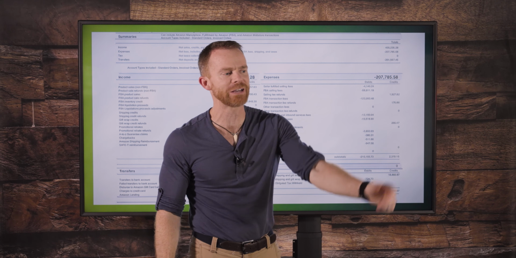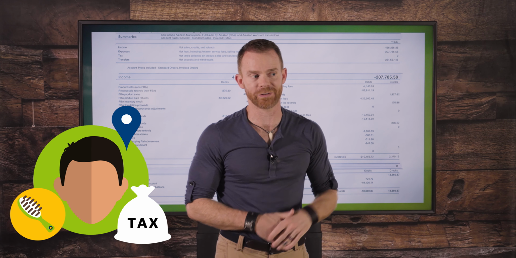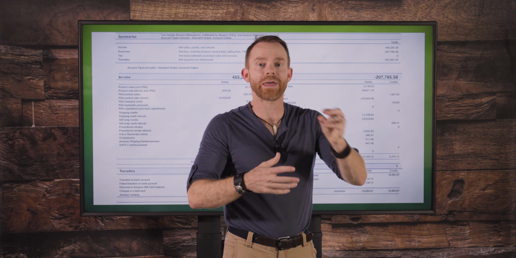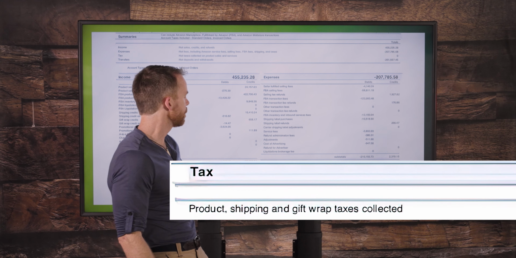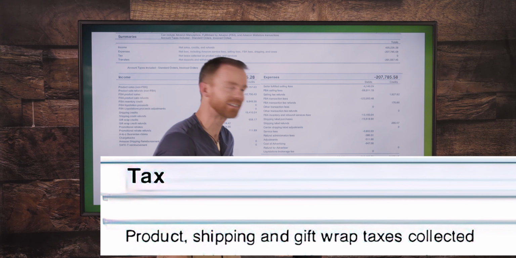When Bobby McGee buys your hairbrush, he pays an extra $2.91 for sales tax based on where he's located. So if he's in Texas and he's in Austin, he's gonna pay the appropriate local sales tax rate for that. Well, that money comes into your Amazon account as a credit, which is why you have product, shipping, and gift wrap taxes collected.